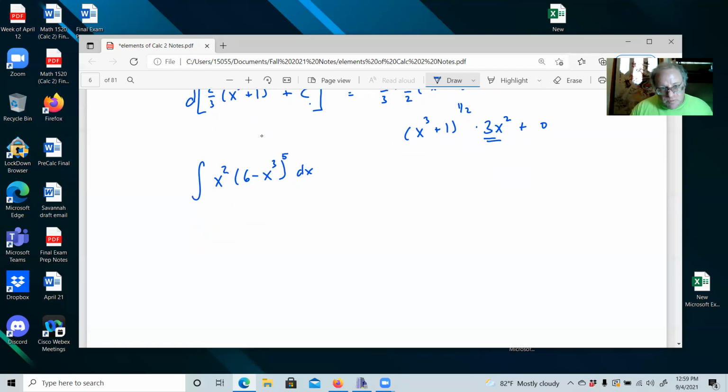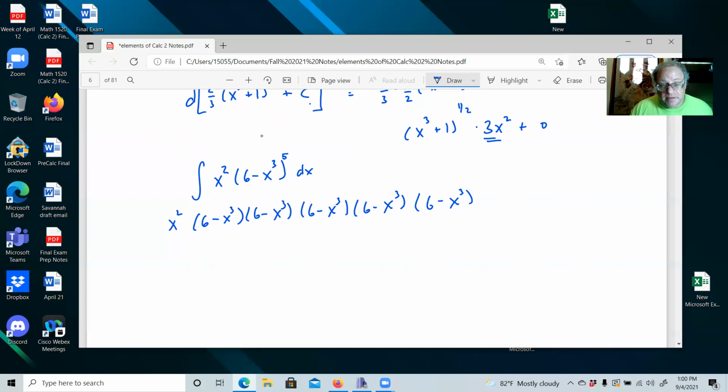One legitimate way of doing that would be to multiply out all of this, the 5 exponents, and then multiply at the beginning by x squared and integrate piece by piece.